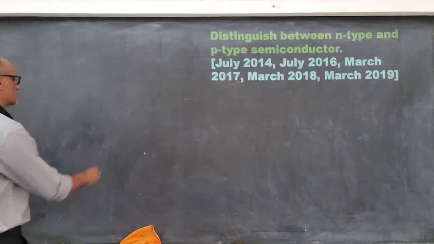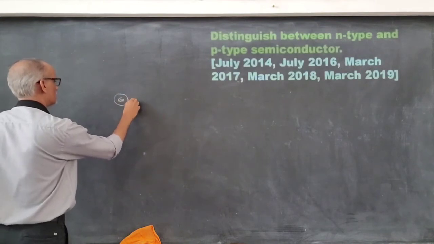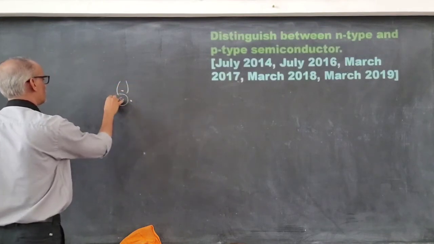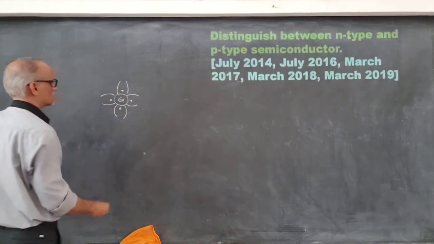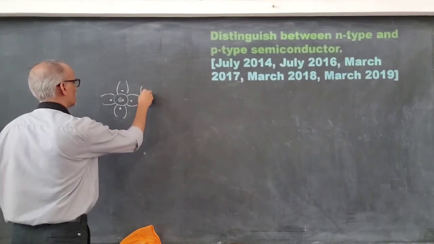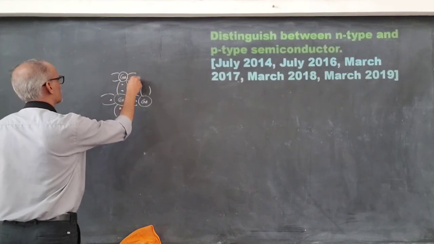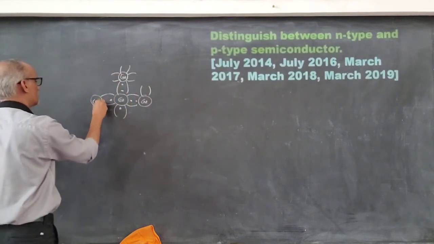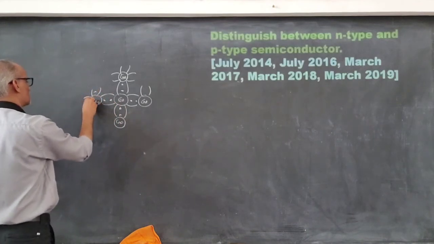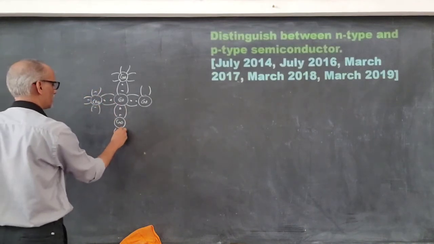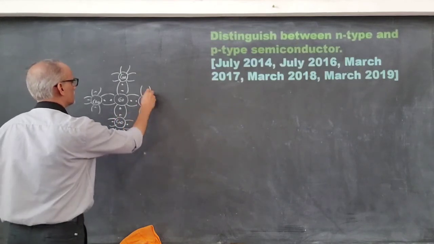So I am going to consider first germanium in the purest form, which has 4 valence electrons, and then it forms a covalent bond with the neighboring germanium atom. So this is the intrinsic semiconductor at 0 Kelvin.